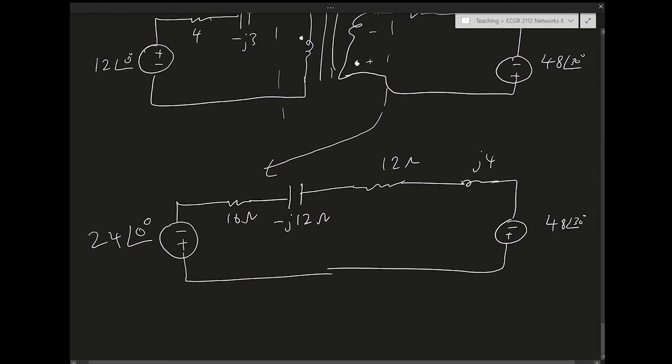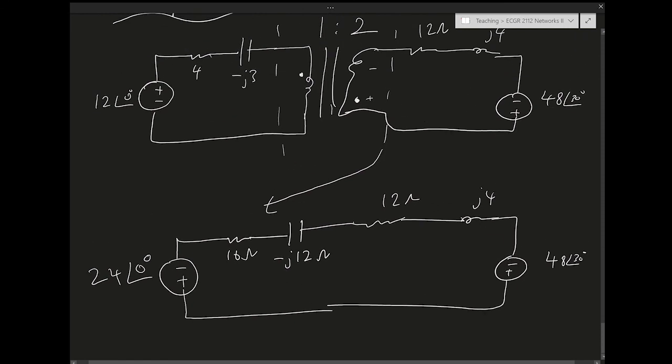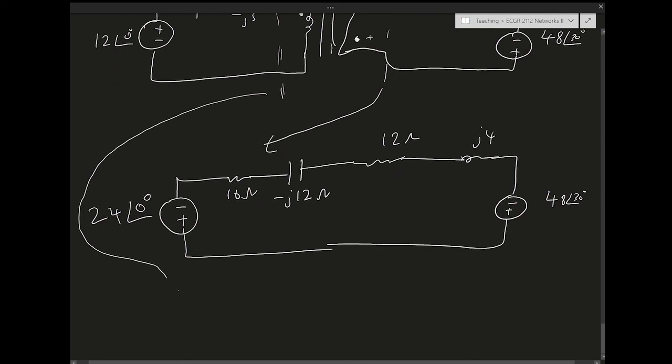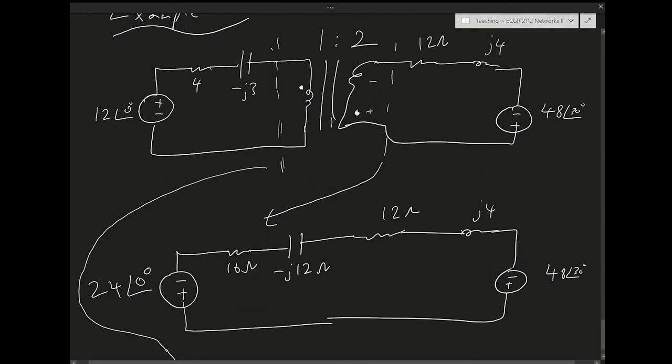Okay. Now let's do the second approach where we cut the circuit here. I want to find the Thevenin equivalent circuit for the primary circuit, for the secondary circuit, right? So in this case, again, I1 is 0. This voltage completely appears on the secondary side.